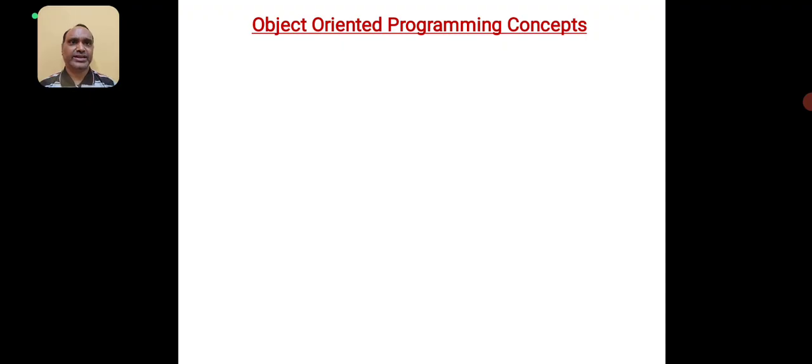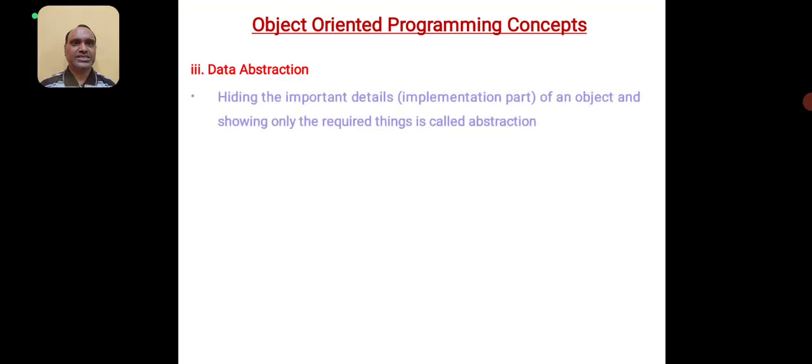Now coming to data abstraction. This is the third concept of object-oriented principles. What is data abstraction? Abstraction means the name itself is representing. Abstracting means giving only partial details and hiding the important details.